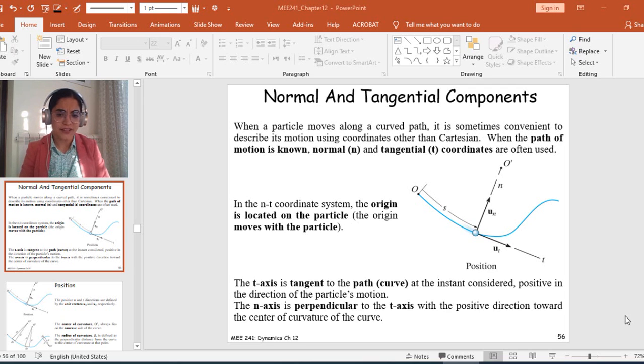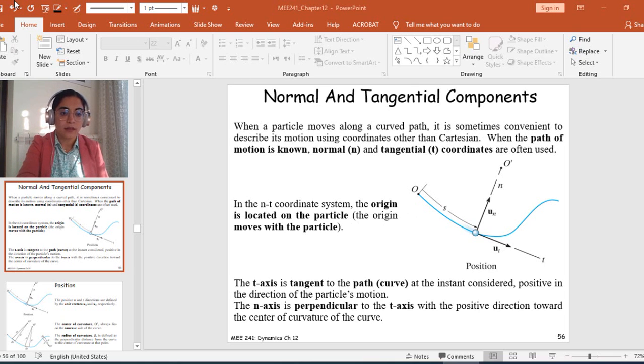First of all, let's define the normal unit vector and the tangential unit vector. A tangential unit vector is a unit vector, which means it has a magnitude of 1, that is tangent to the path. At each point, this tangential unit vector ut is changing.